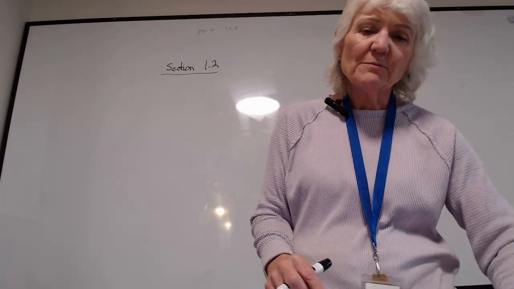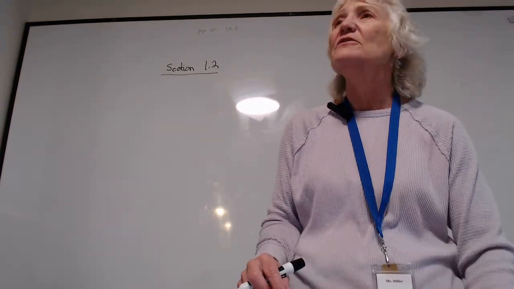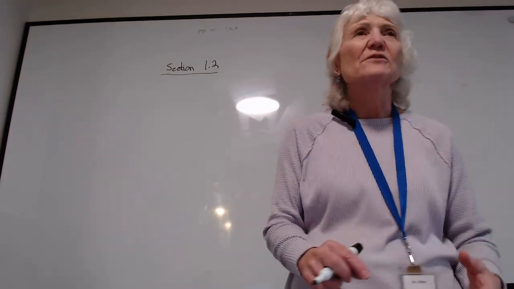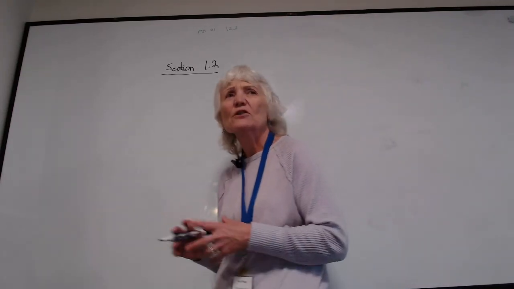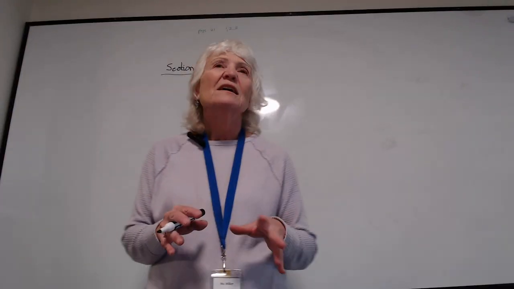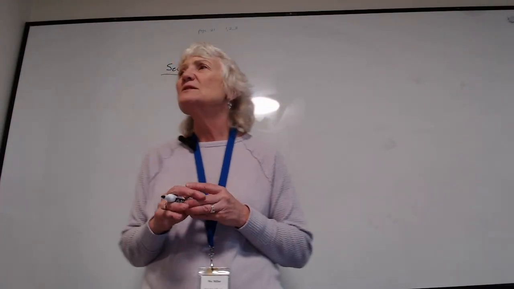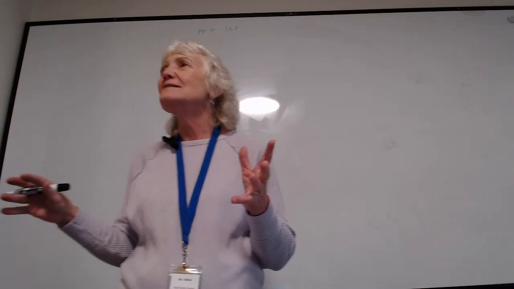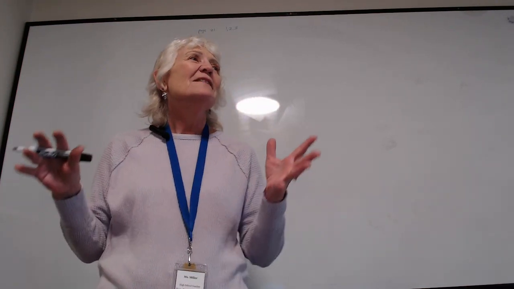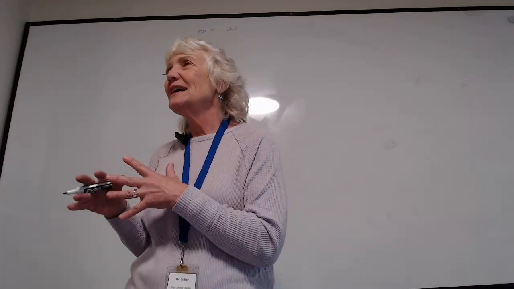So section 1.2, the big topic there is describing patterns. We're looking at patterns, and if we look around our world, there are patterns all over the place. In fact, one pattern that repeats in nature all the time is called the Fibonacci sequence. It's a pattern that you can't really describe algebraically, but you can put it down.